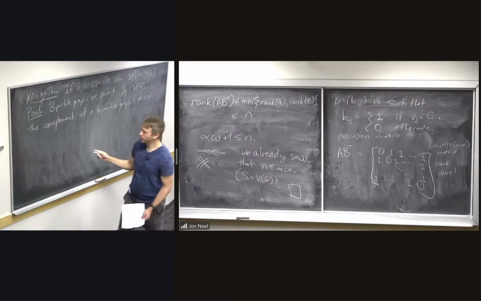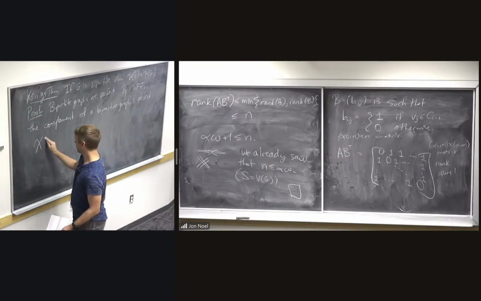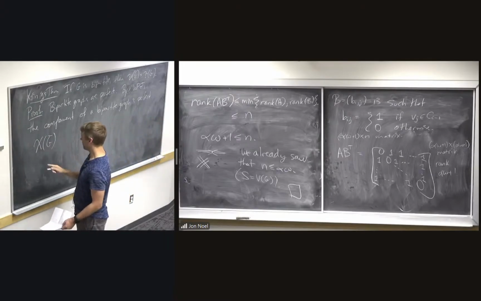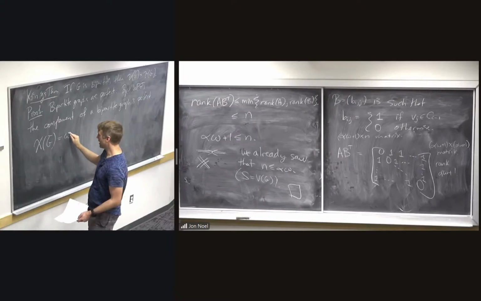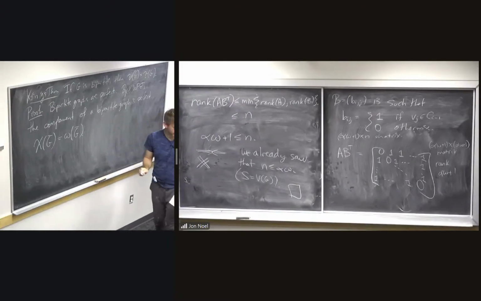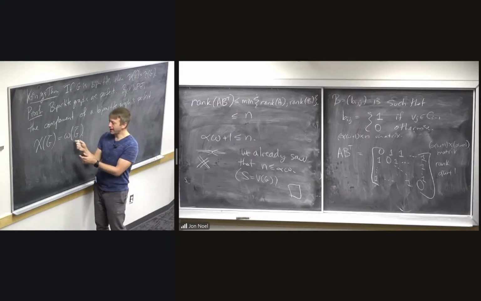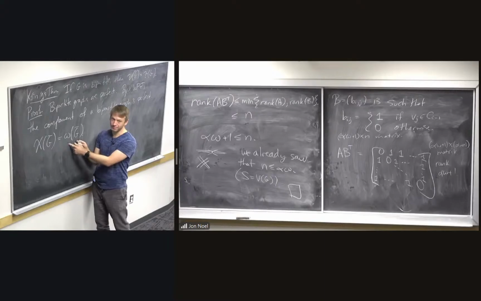Okay, so the chromatic number of the complement of G will equal the clique number of the complement of G. So we have to think about what this means for a bipartite graph. The right-hand side is easier because we don't actually care if it's bipartite.